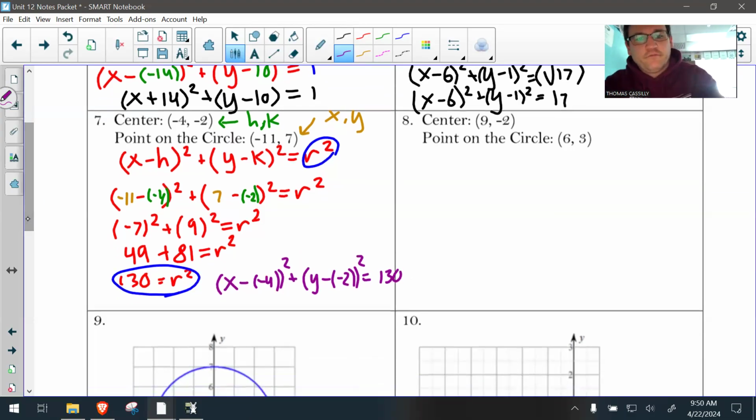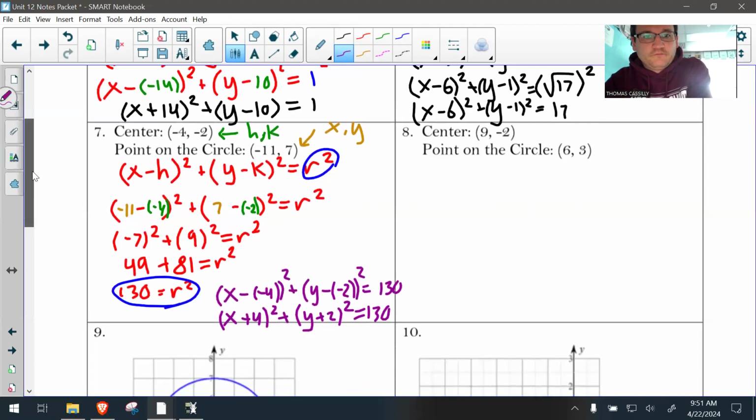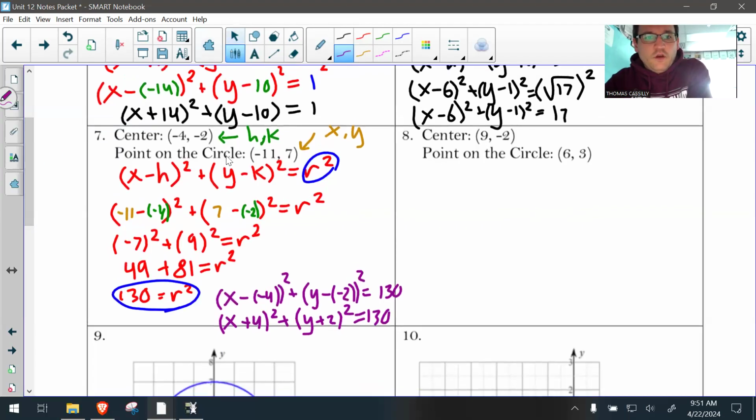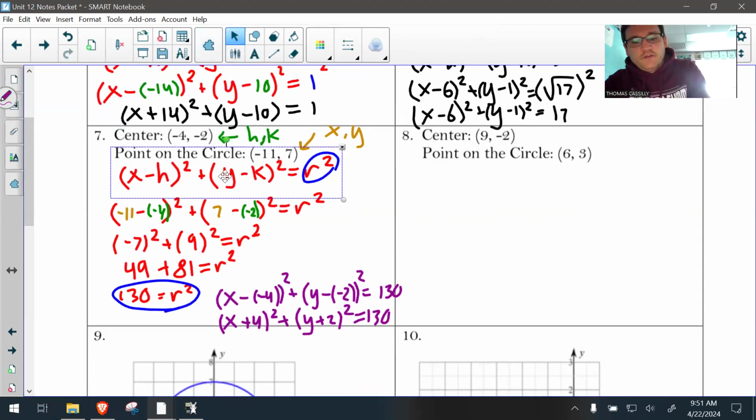And then the last thing, just clean it up a little bit. So we have x plus 4 squared plus y plus 2 squared equals 130. And there we have it. That is how we write the equation of a circle when we have the center and a point on the circle.